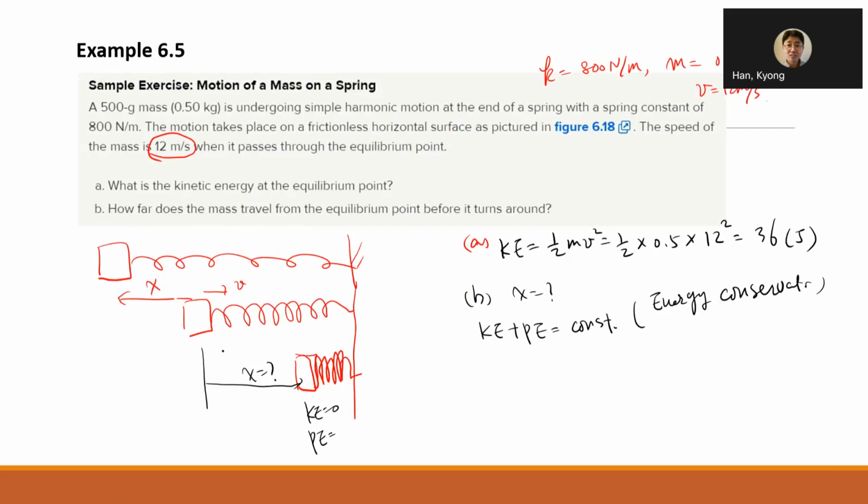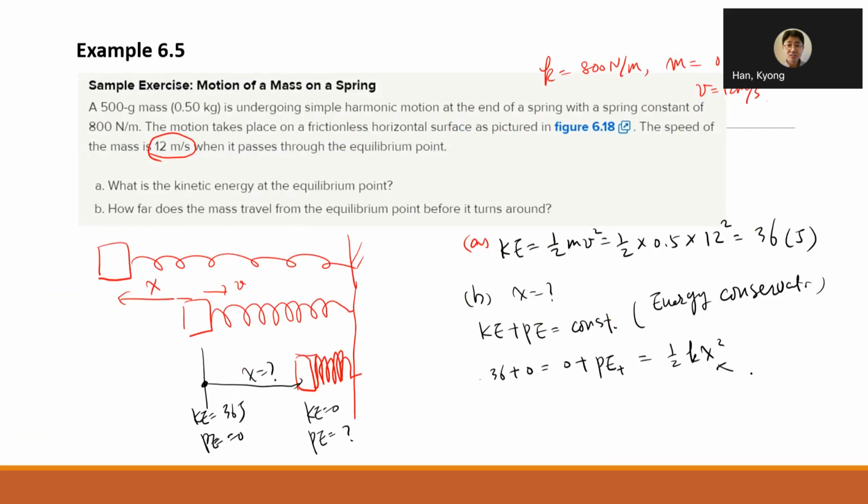Initially at the equilibrium point, the kinetic energy is 36 joules and the potential energy is 0. So we can write 36 plus 0 equals 0 plus the potential energy at the turning point, which is exactly 1 over 2 k x squared.